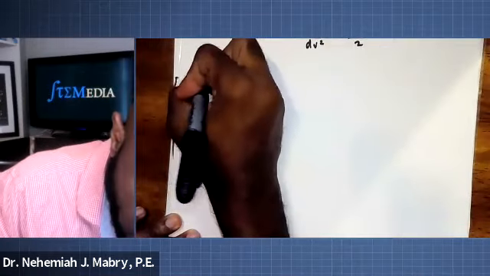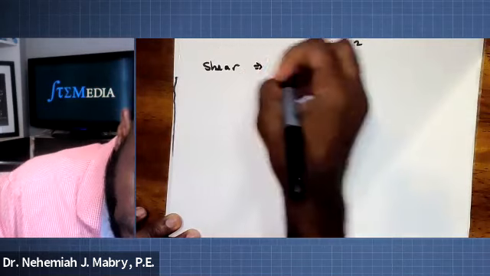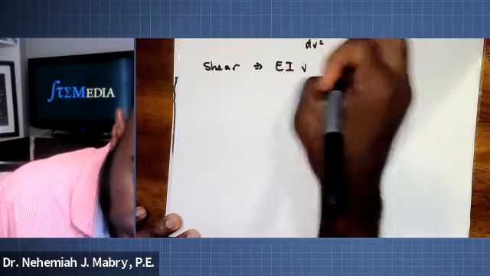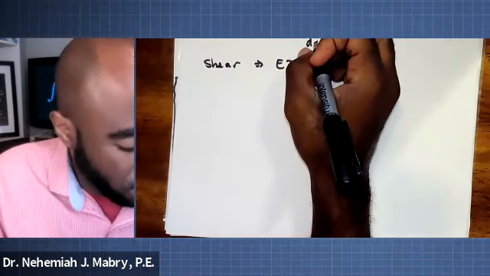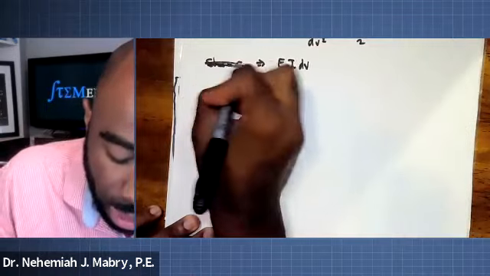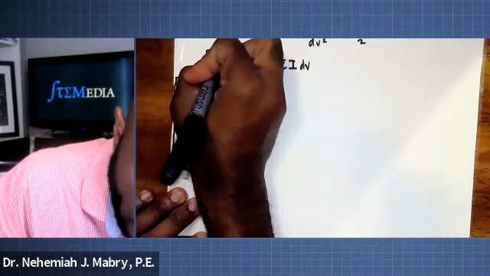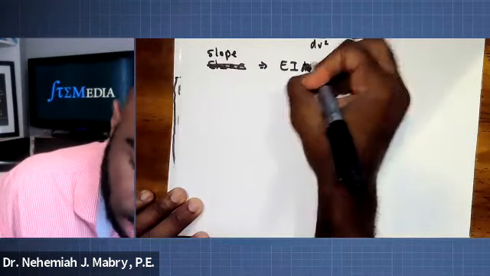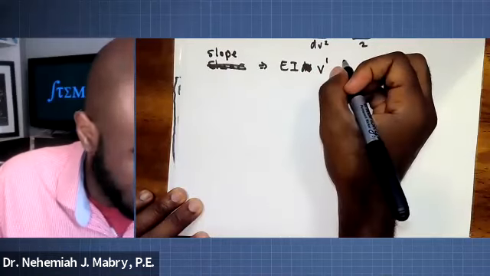Shear equation, that's going to be EI. I'm sorry, not shear. That's not what we're looking at. We're going backwards. We're looking for the slope. The slope is EI V prime, right?